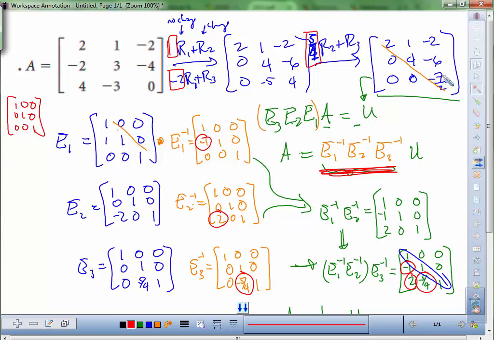Now, to get your second matrix, the L matrix, instead of doing all that stuff with the elementary matrices, if you just look at the values that you get when you do your operations to get your row echelon form, you see these numbers over here. These are the coefficients of things that you're multiplying. Those, or the opposite of those, will become the same coefficients down here, the ones you would get for the lower triangular part of your matrix.